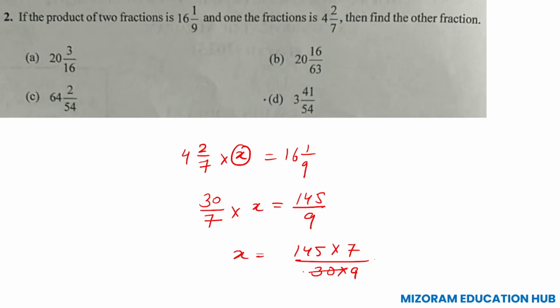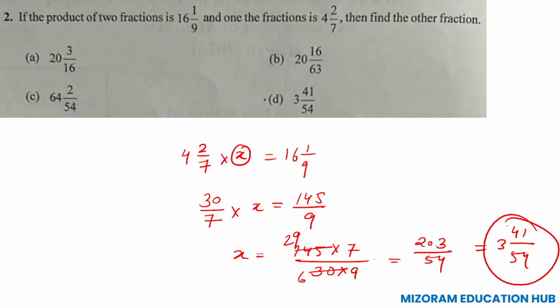Cancelling 5 gives 6 and 29, and 29 sevens are 203. 6 times 9 is 54. So the answer is 203 by 54, which is 3 41 by 54. So option D is correct.